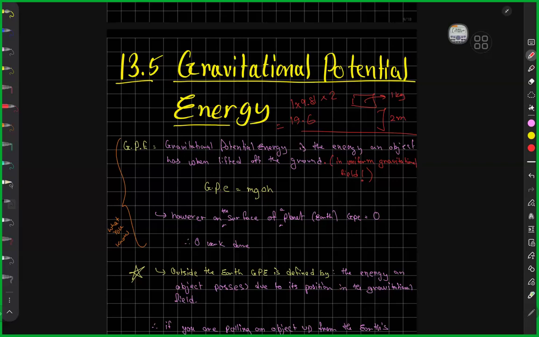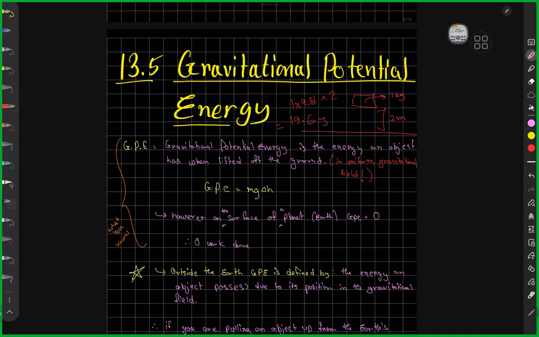So over here, what I did is I just multiplied mgh, and you would answer me that the gravitational potential energy of this box is 19.6 joules, but that is wrong. This is the change in gravitational potential energy.